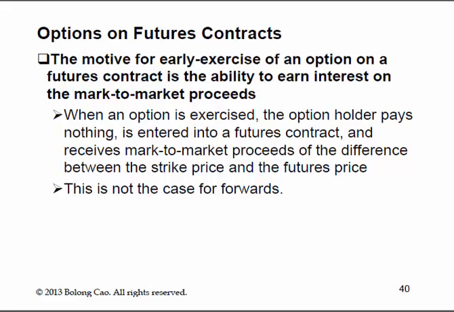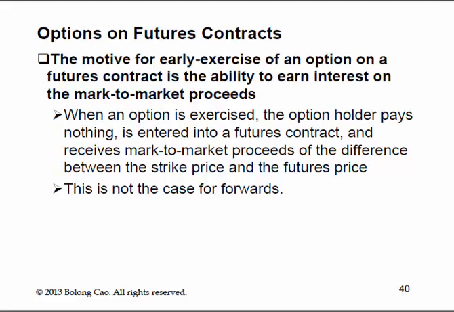So think about the exercise of a call option on a futures contract. You exercise it, and the option holder pays nothing because it's the right to enter into a futures contract. But because it's in the money, you actually get the mark-to-market proceeds of the difference between the current futures price, not the spot price, and the strike price specified in the call option.